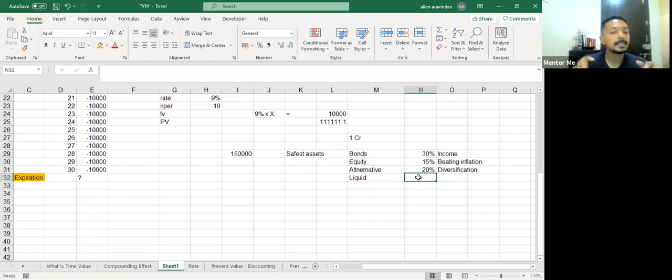So there would be a certain calculation of what would be the worst case scenario of how much liquidity we would need. Let's say if you have to calculate for yourself, it would be 6 months salary or 6 months of your expenses, whichever is higher. For example, I might say my monthly expense is 1 lakh fixed.